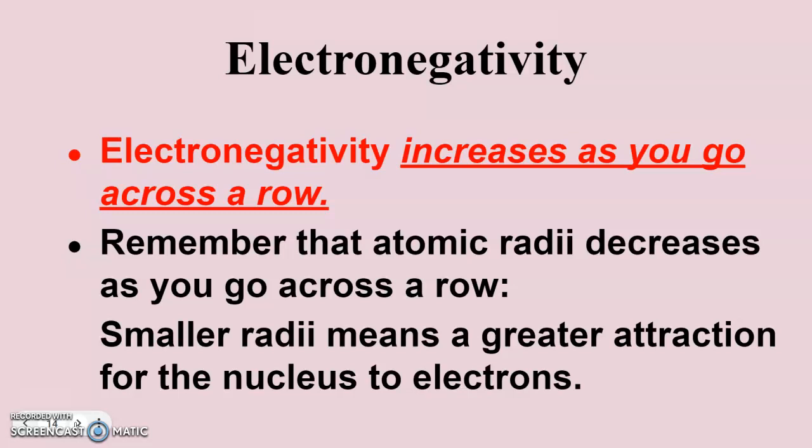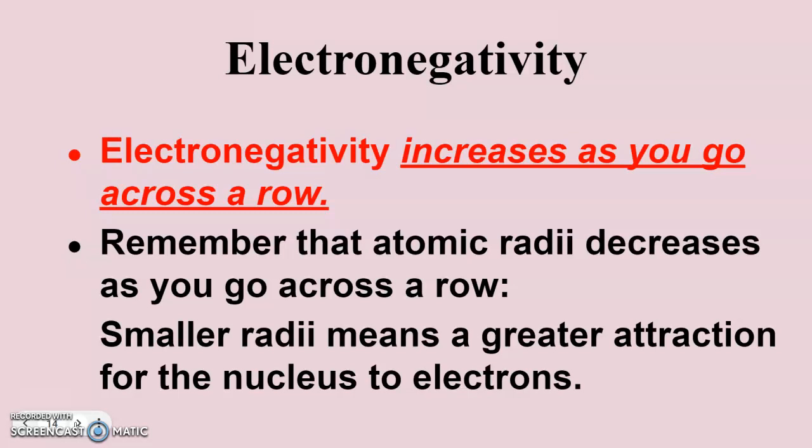And it increases as you go across a row. The atomic radius decreases, and the smaller radius means a greater attraction from the nucleus to electrons. This makes sense. If we pause, remember that our nonmetals on the right-hand side of the table are those elements that gain electrons, right?